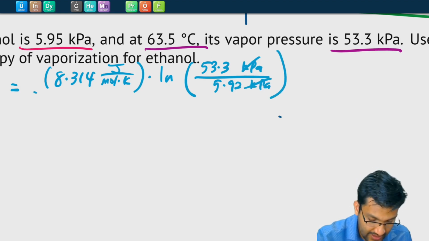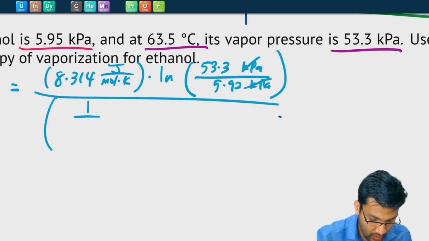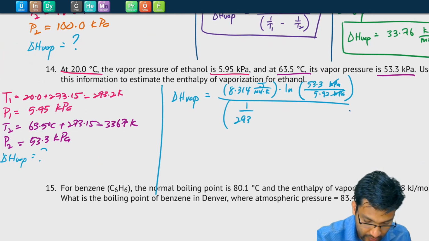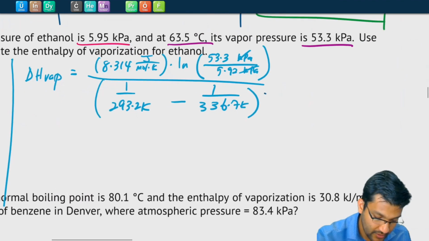Kilopascals cancel out. In the denominator, we have 1 over T1, which was 293.2 kelvins, minus 1 over T2, which was 336.7 kelvins, times the unit cancellation.